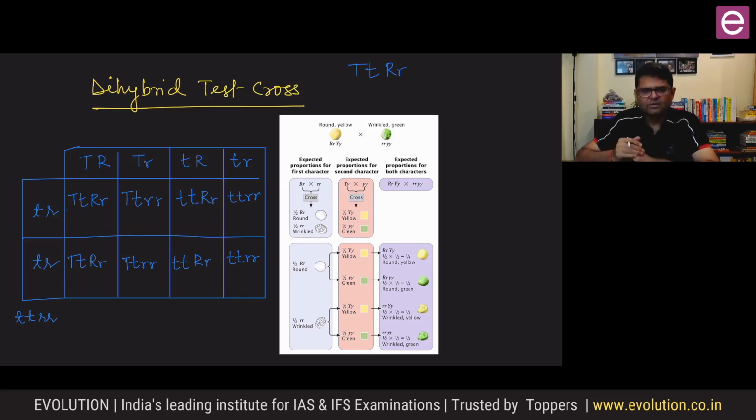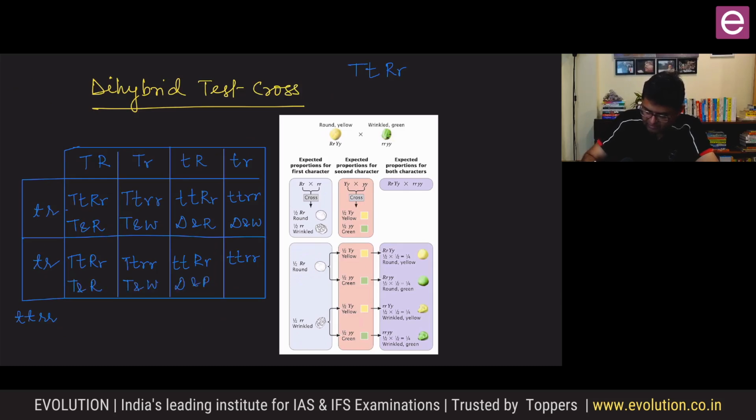Okay. Now let's read the phenotype. So phenotype is, this is tall and round. This is tall and wrinkled. This is dwarf and round. And this is dwarf and wrinkled. Can you see that? Same will be here also. Tall and round, tall and wrinkled, dwarf and round, dwarf and wrinkled. Can you see that?